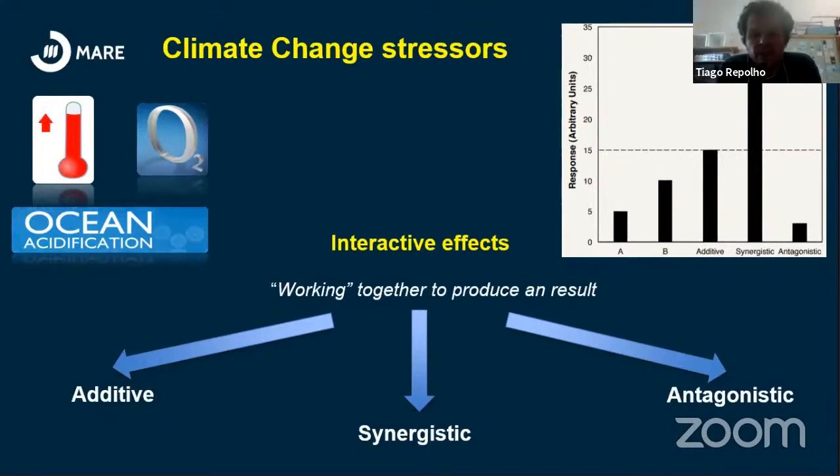An additive effect is when stressors add together to create an impact. If they act in a synergistic mode of action, it's when these stressors together produce a greater impact than each individually. In the case of an antagonistic effect, it's when stressors counteract each other.